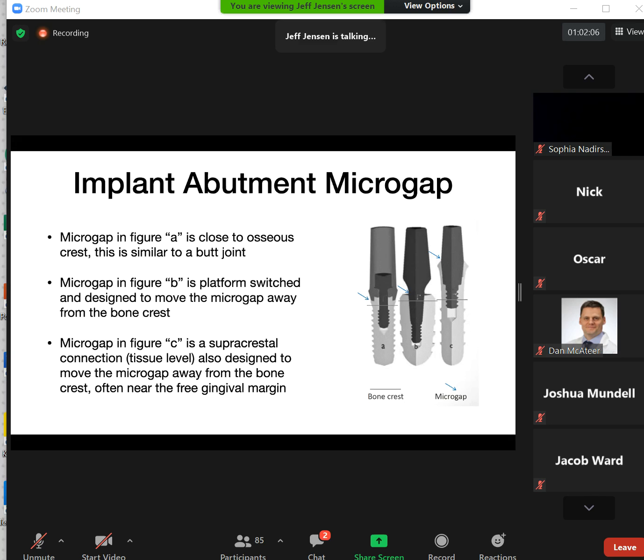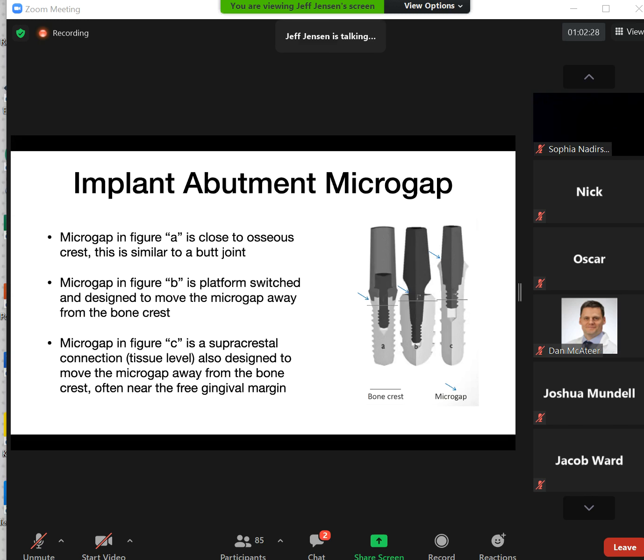This is the traditional look of implants at first. If it was bone level with a butt joint, that would cause some bone loss because you have micro movement and maybe bacteria aggregating there, so close to the bone.